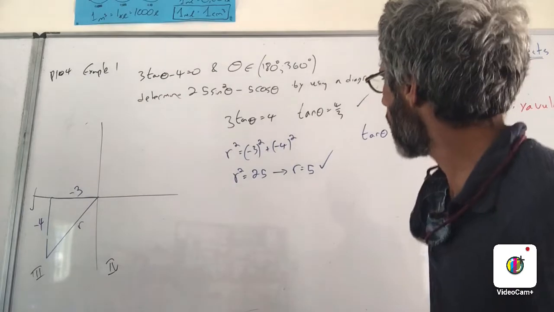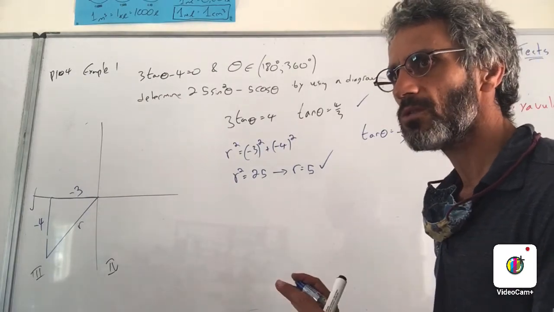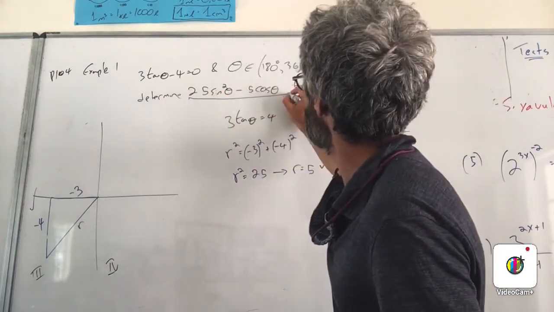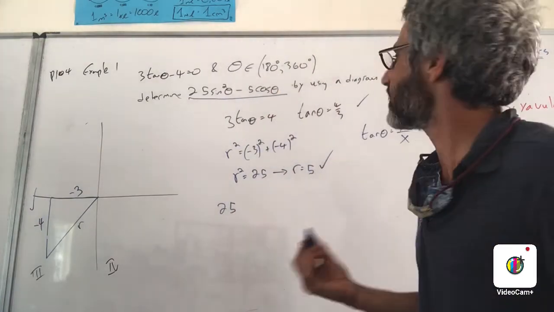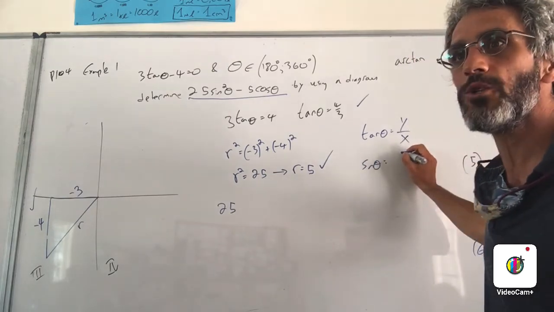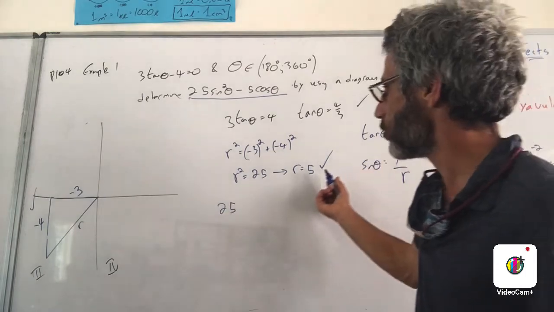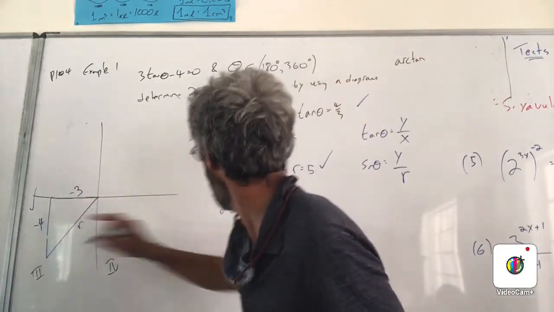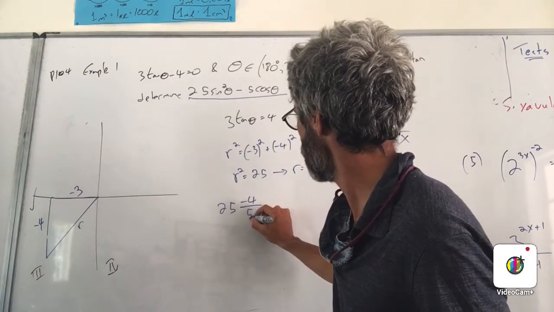Now I've got all the information that I need. I'm just going to rewrite this. What is sine theta? Sine theta is always y divided by r. The y is minus 4 and the r is 5.